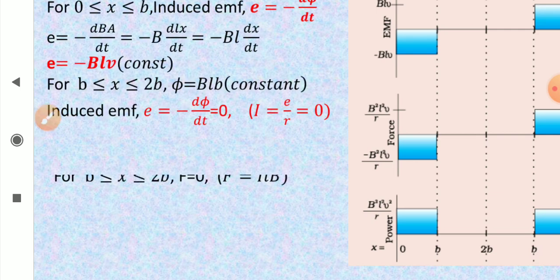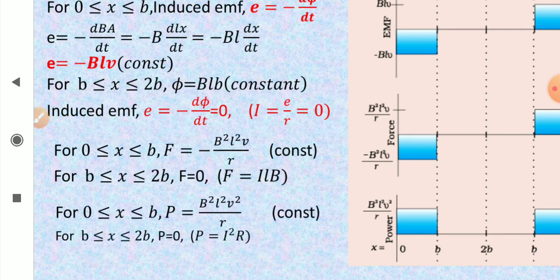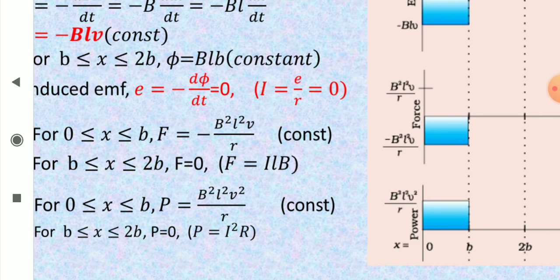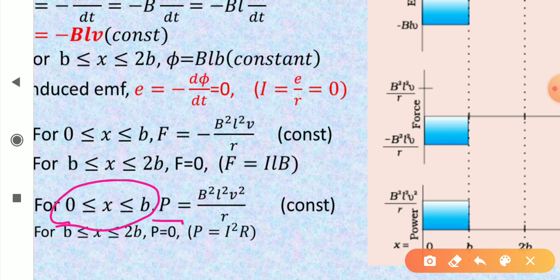Now, let us move on to the last part, which is power. Here, for x between 0 and B, the relation for power is B square L square V square upon R. And you see that the relation for power is I square R. So, whether the current is negative or positive, power will be positive only and constant.